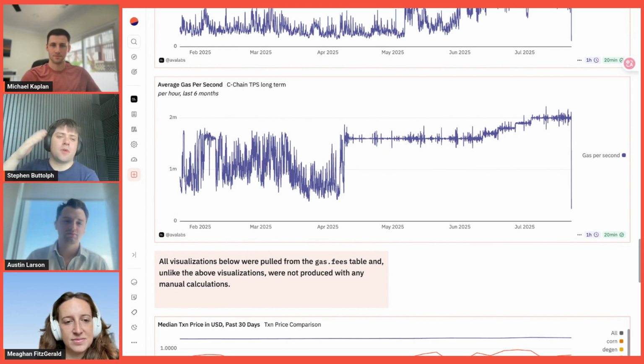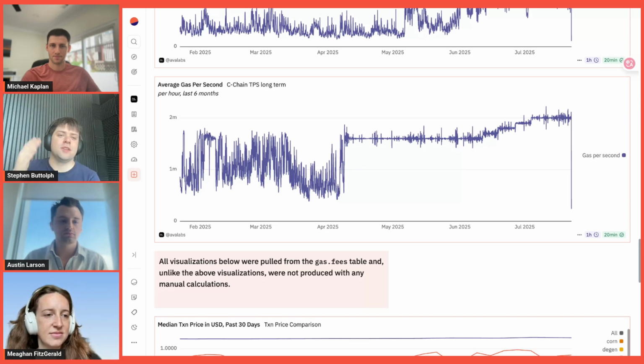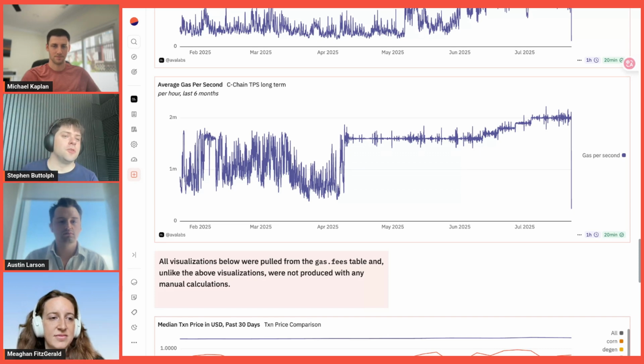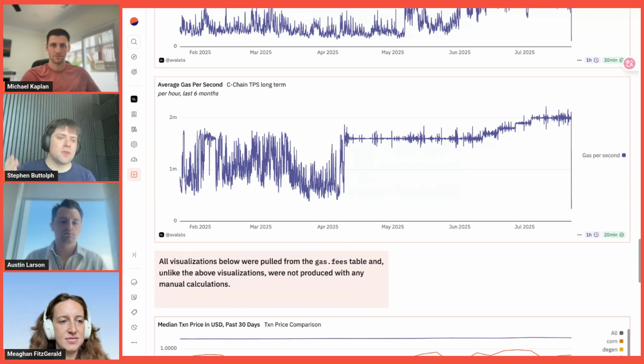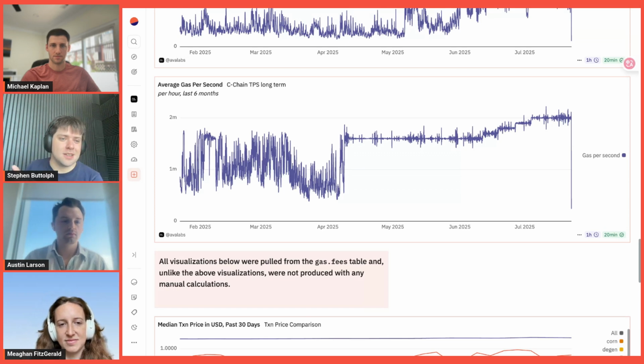But if the minimum price was higher than the clearing price, then you would be underutilizing the chain, right? Even though we had been doing benchmarks of, okay, we feel good at this level of throughput, we weren't actually hitting that level of throughput consistently, right?